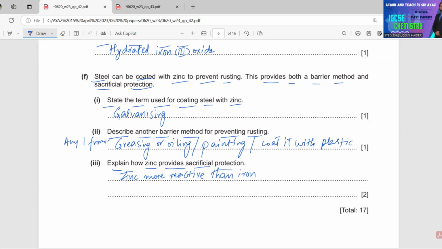This must be the common statement. And the other statement: zinc reacts, corrodes, or oxidizes in preference to iron. Any one from these.